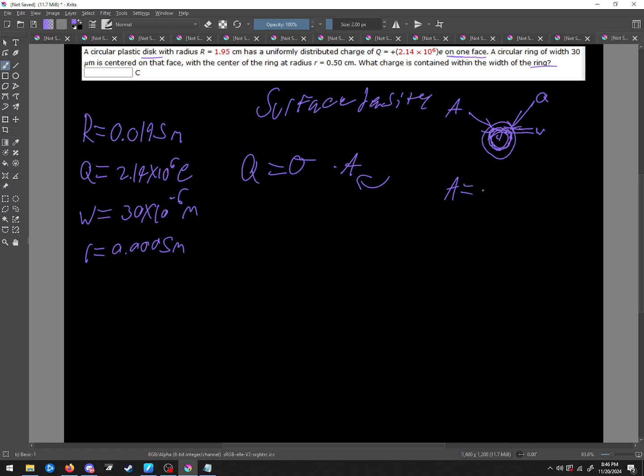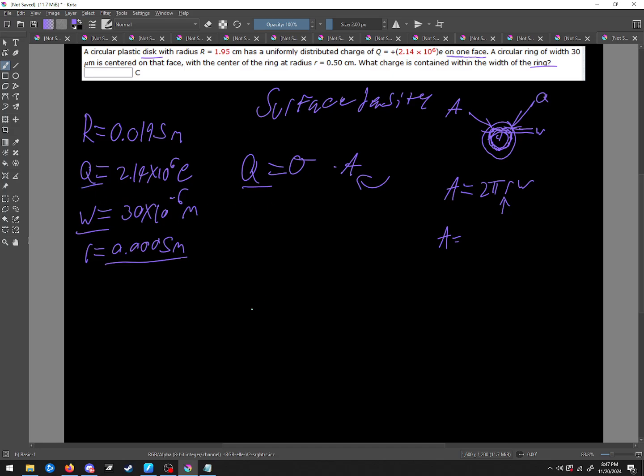And the area here is going to be 2 pi RW. And our R is given here. And our W is given there. So our area we can find right away. And we know our charge.